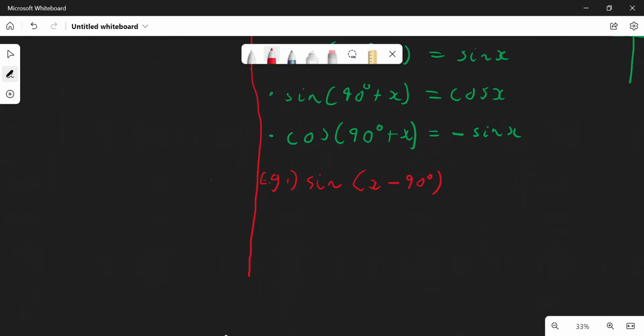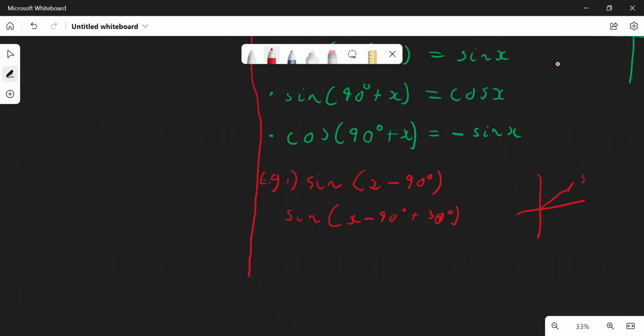I tried to do sine of x minus 90 degrees plus 360 degrees, which is what you usually do, because if I add 360 to an angle, I bring it back, but in a quadrant I can work with.